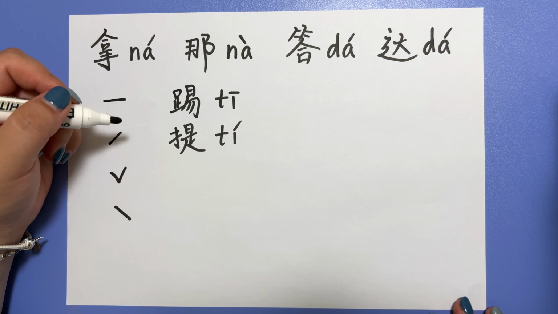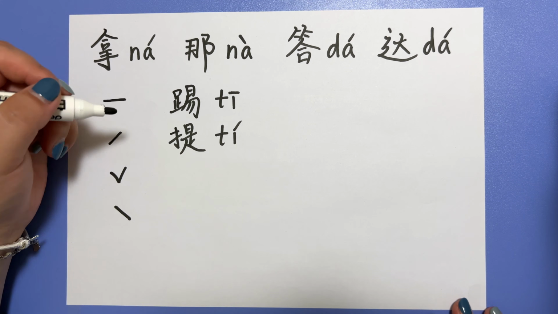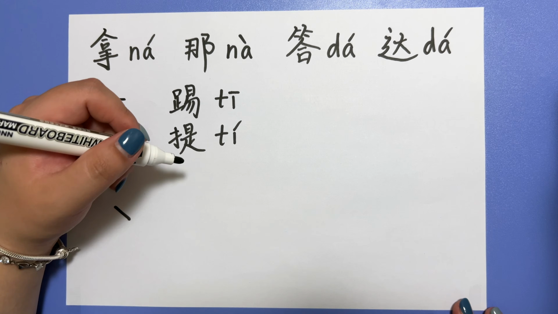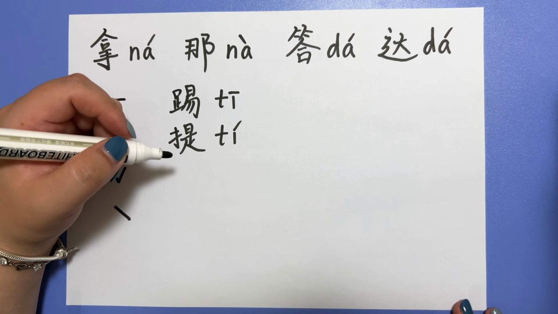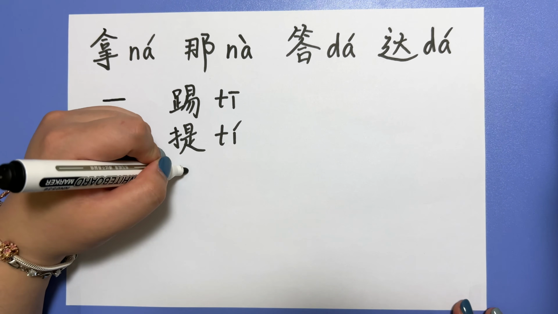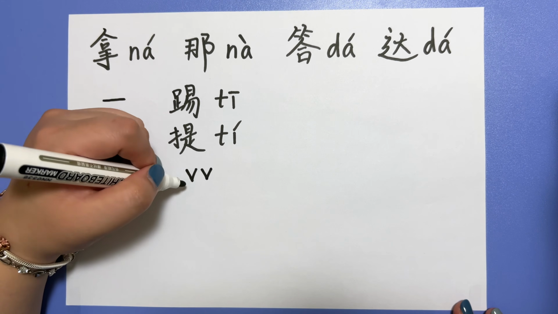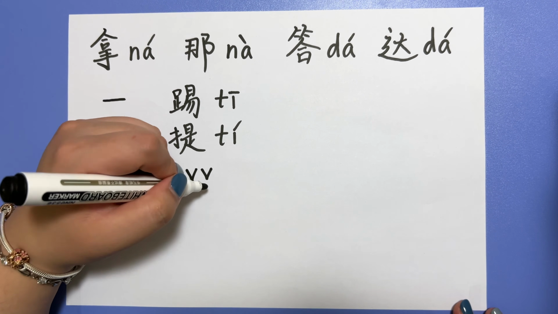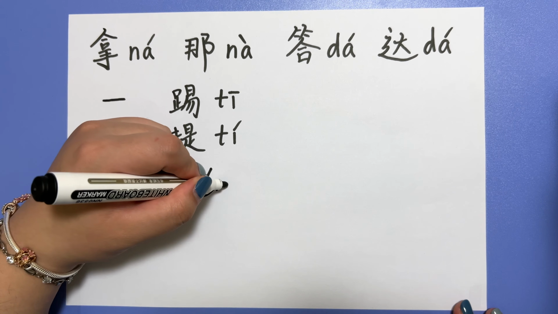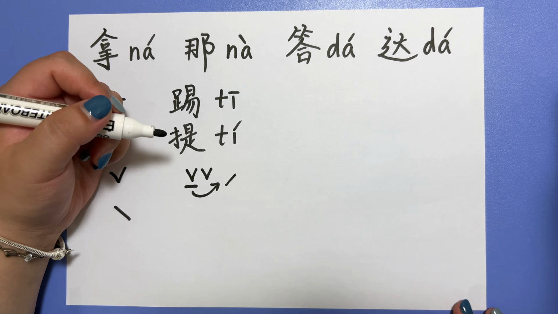But there's an exception where the third tone isn't pronounced as a low tone. When two third tones are combined together, the first one would change into the second tone, which is a rising tone.